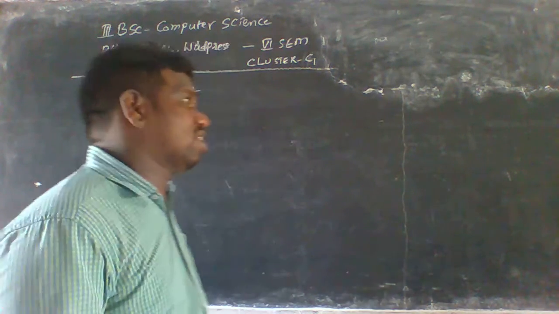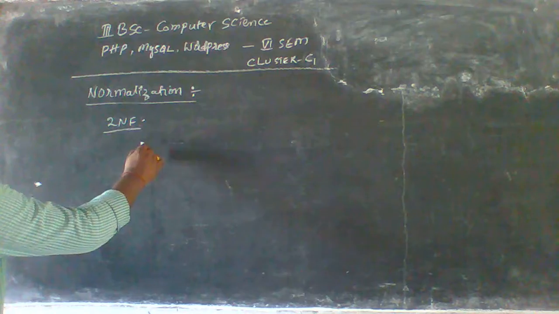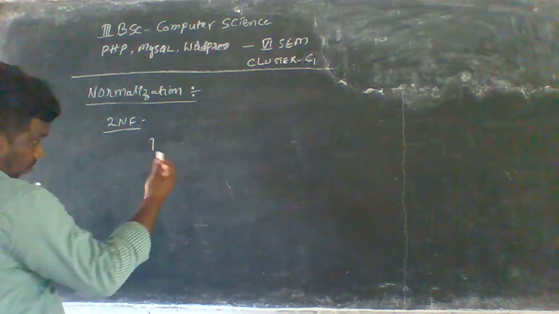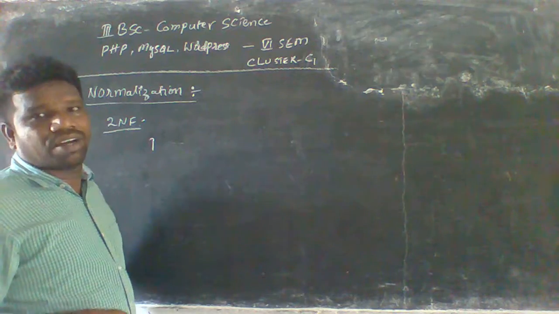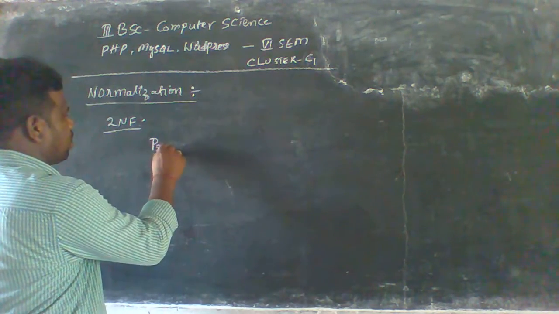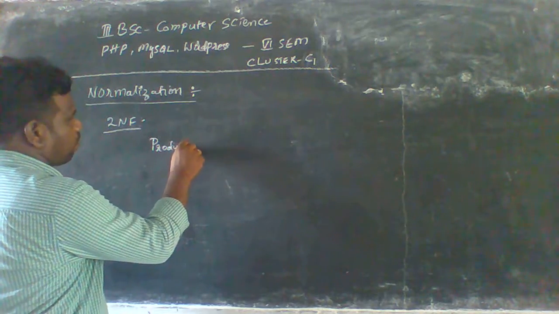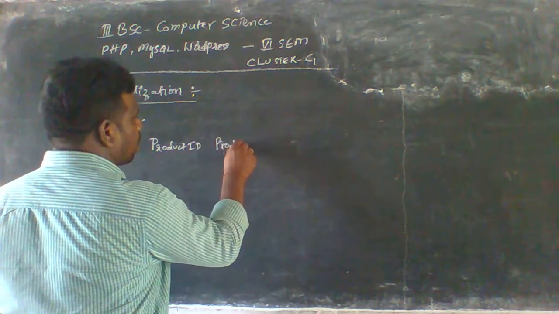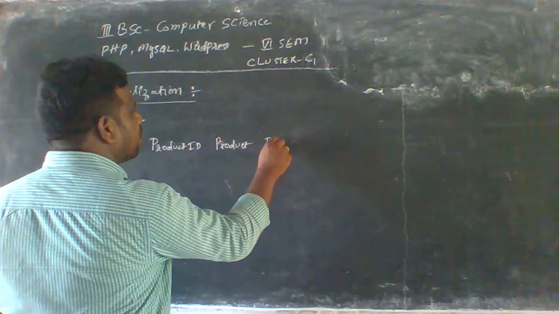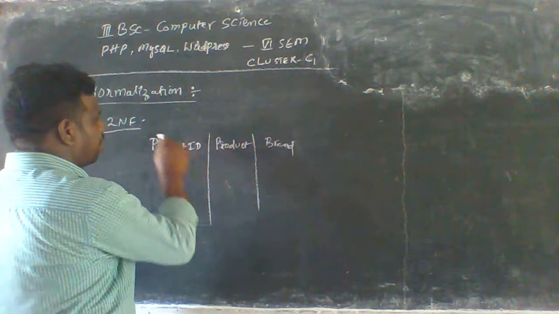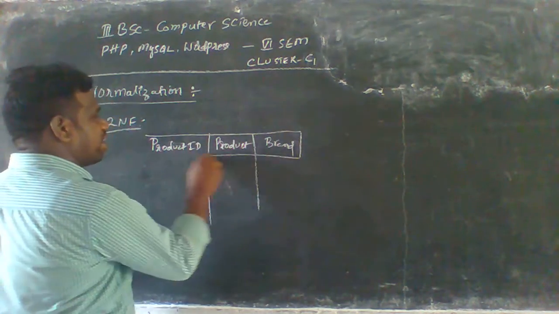So in this table we take product ID, product and brand. What is the product here and what is the brand here?